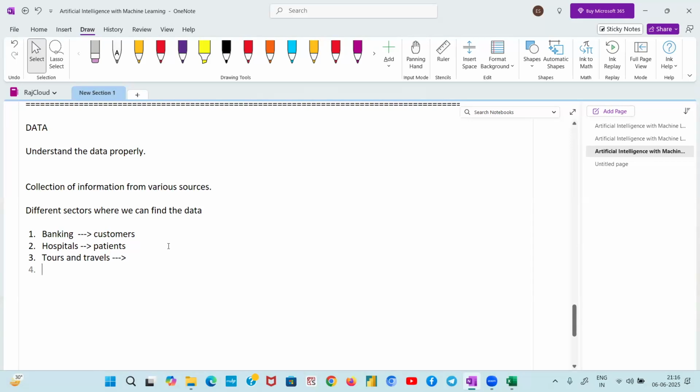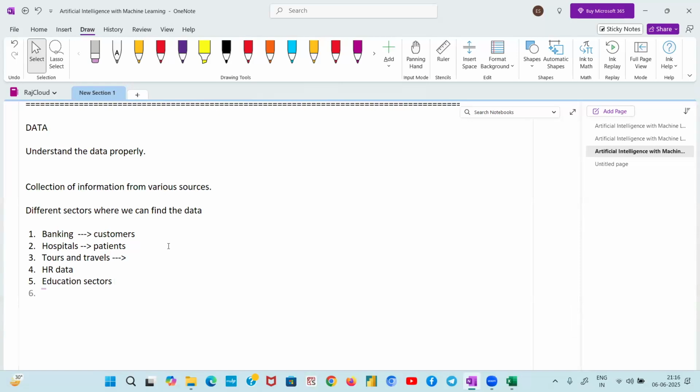Welcome to the next one. If I take any IT company or manufacturing company, any company, HR data will be there. If we take education, like schools, colleges, education sectors, so many things will be there with them also. Every student's information will be there, right from their joining date, date of birth, percentage, marks.